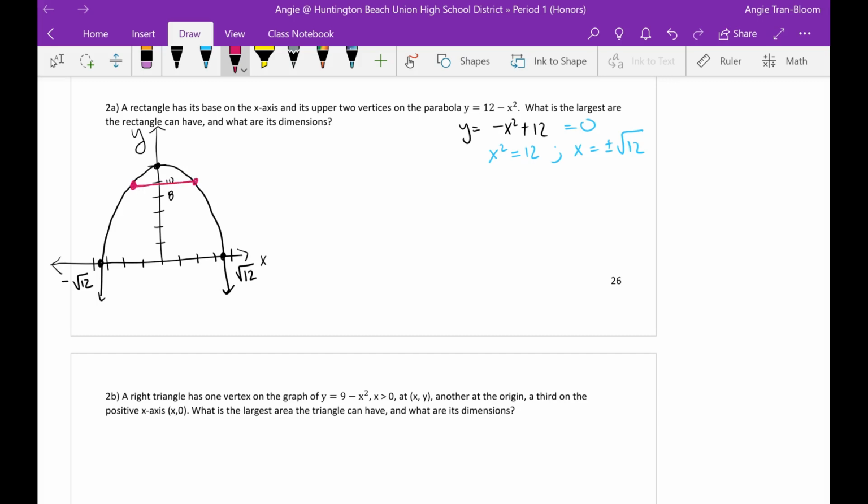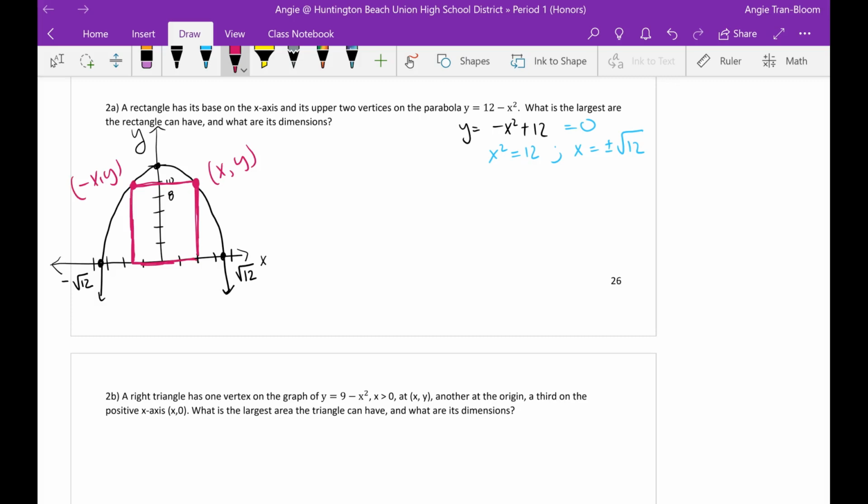So a rectangle has its base, and again, we don't know where. So this is just a sketch of the rectangle. It does not mean this is where the rectangle should be or how big it should be. All I know is this point is (x, y), and this point is (negative x, positive y), and I do not know exactly where they are.